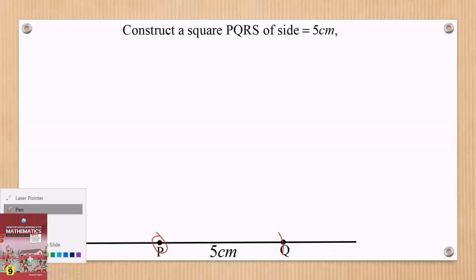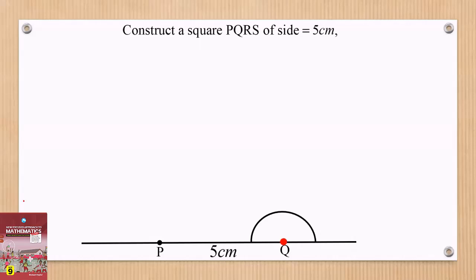Okay, now the next thing to do is to construct the square. All the interior angles are 90 degrees. So we need to put our compass pin at Q and draw a semicircle. Our target is to draw an angle of 90 degrees at point Q. After drawing a semicircle, we can change the radius or keep the same radius. Put the compass pin at the intersection of the arc and the line PQ, and to a convenient radius, draw an arc.